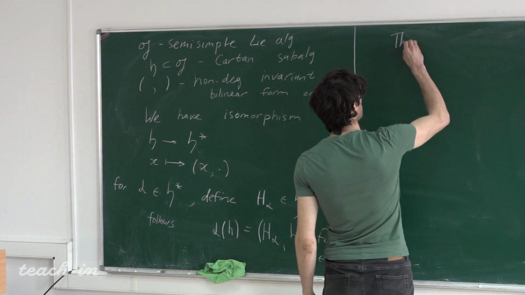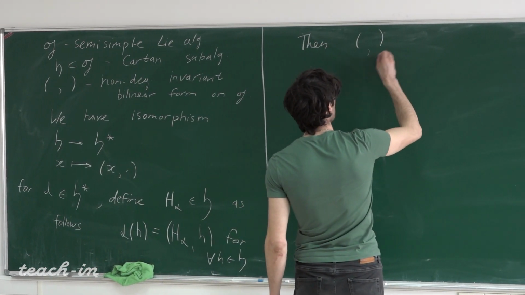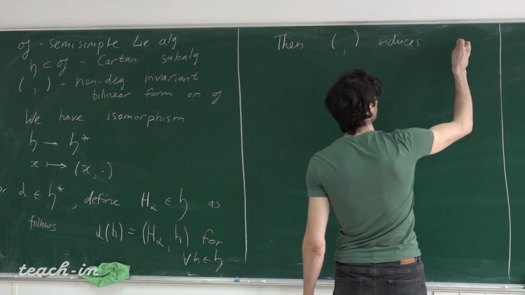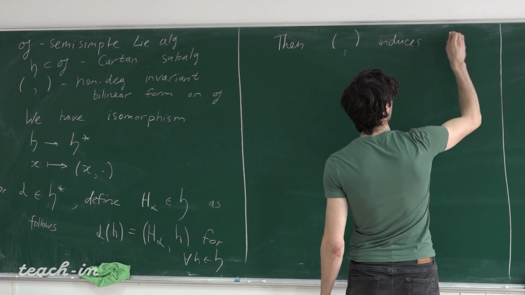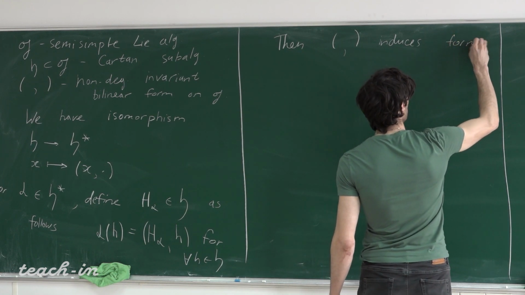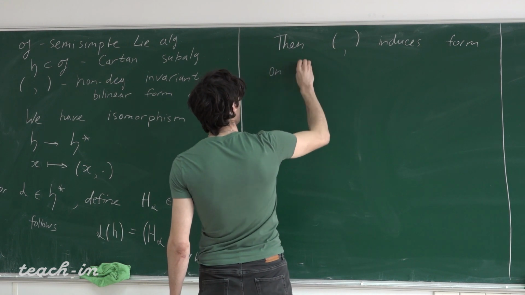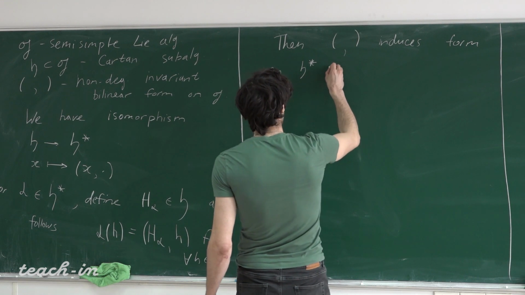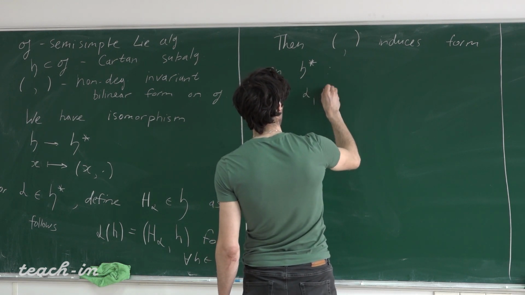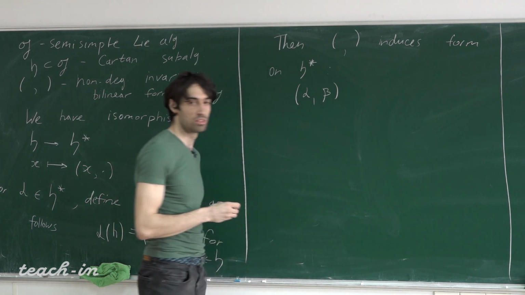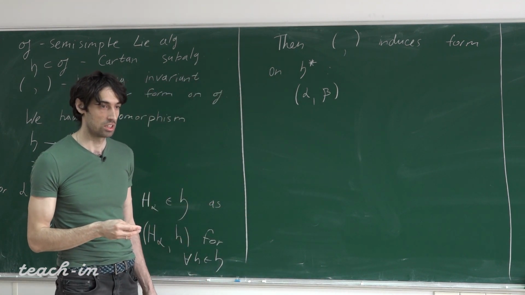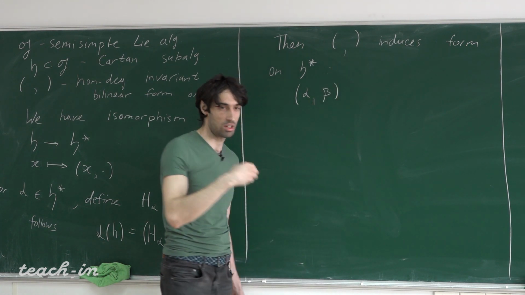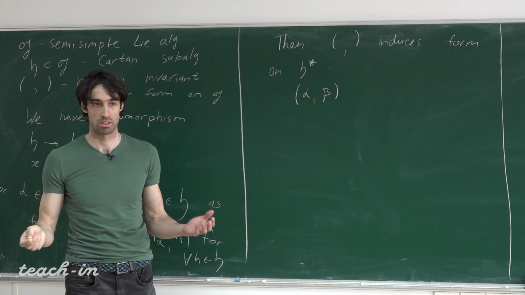So if I have two elements alpha and beta that live in H star, then I compute the form induced by this, which I will also denote by the same parentheses.